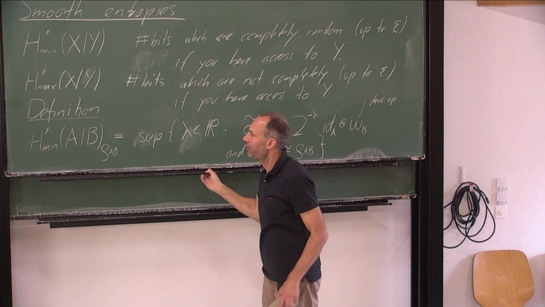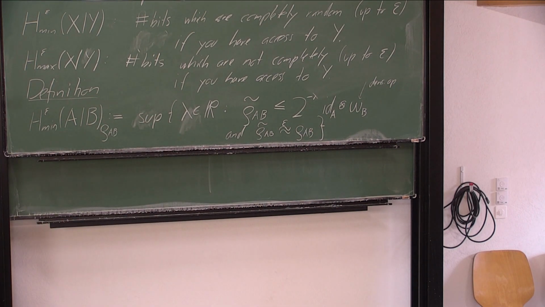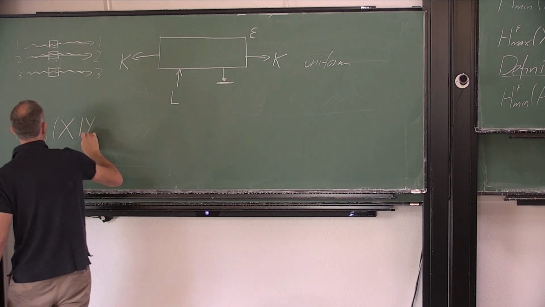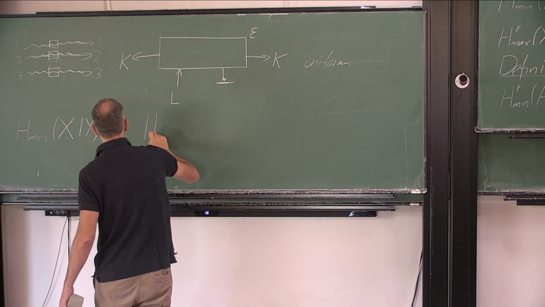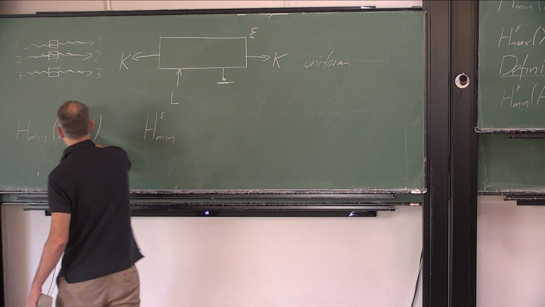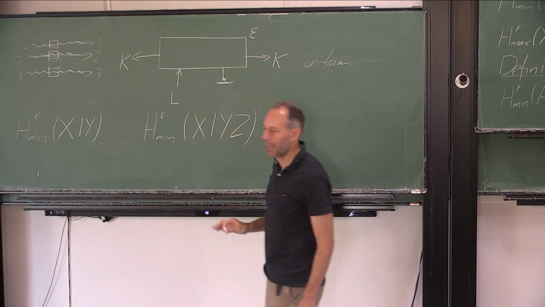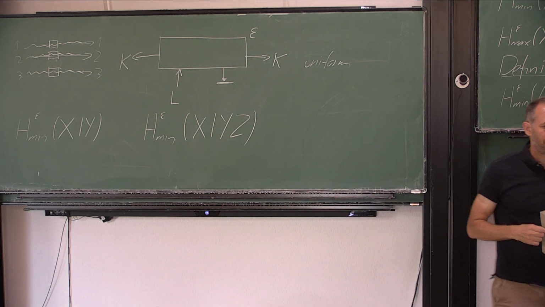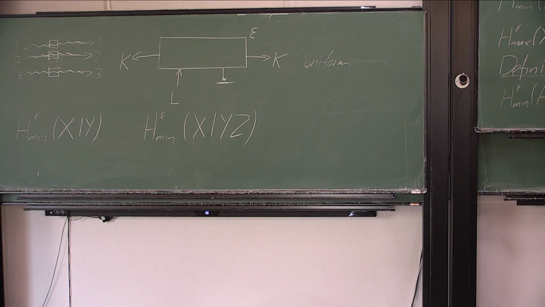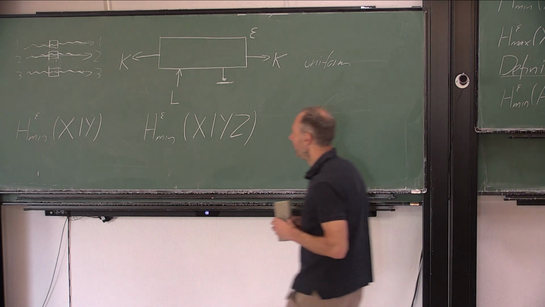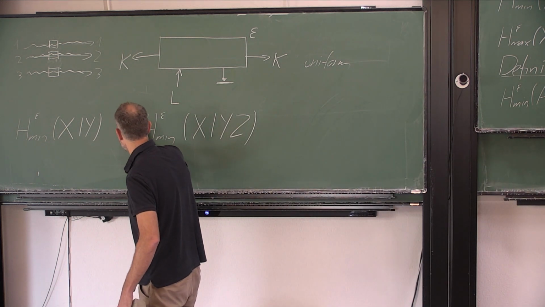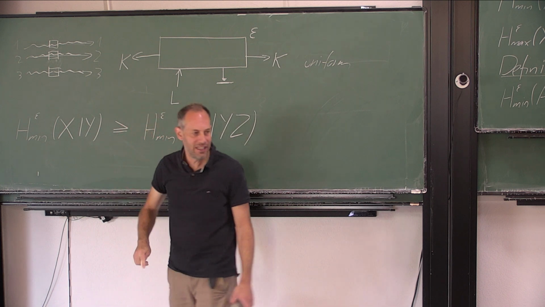Let me ask the question: what happens, for example, if I have here the min entropy epsilon of X given Y, I had a similar question yesterday, and I have a min entropy with the same epsilon of X given Y and Z. What can you say about the relation between these two? Yes, I think it's larger or equal.